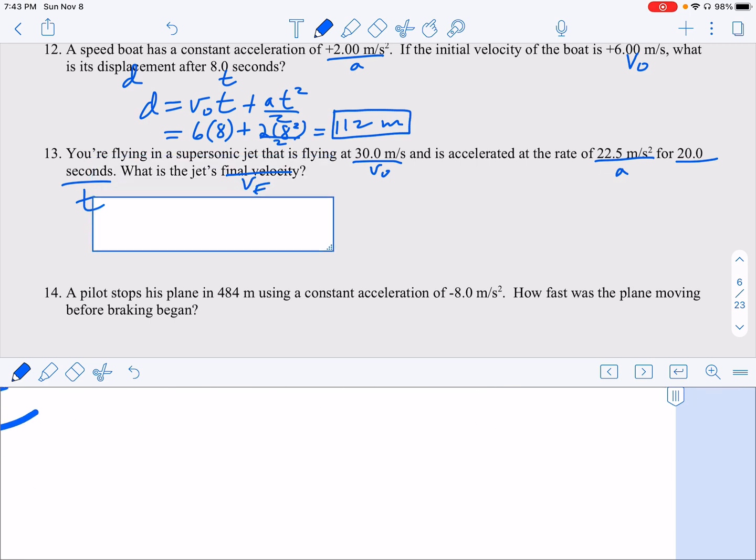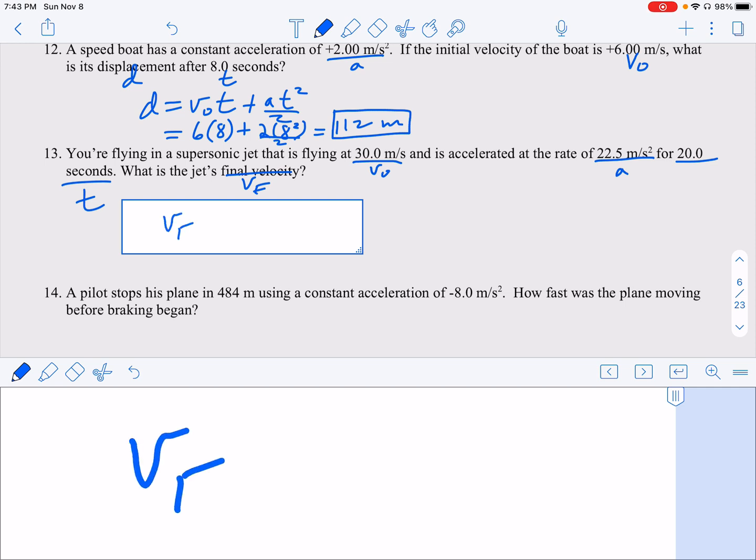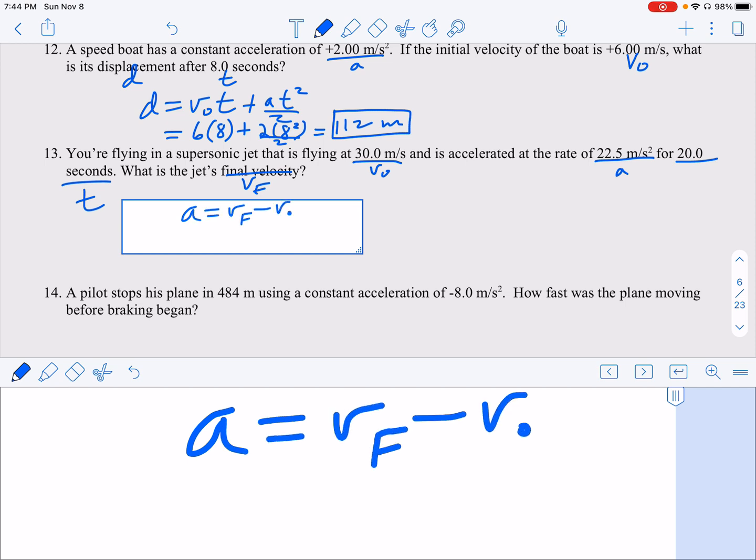The easiest way to do this is to find the equation. I think VF squared equals VO squared... oops, that's not going to work. How about an easier one? Is this A equals VF minus VO over T?